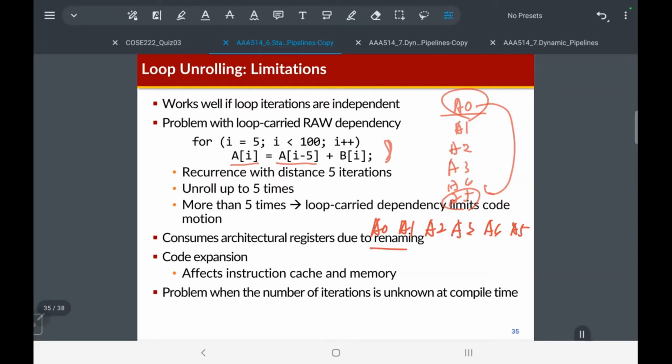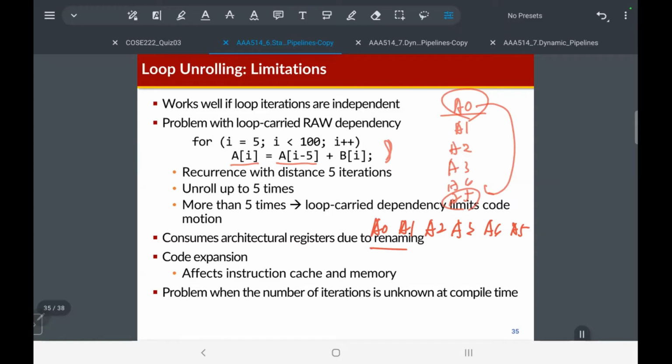So we can execute different loops in parallel. We can execute A0 and then execute A1 concurrently and so on. So it's good for the parallel processing, and also good for the loop unrolling.